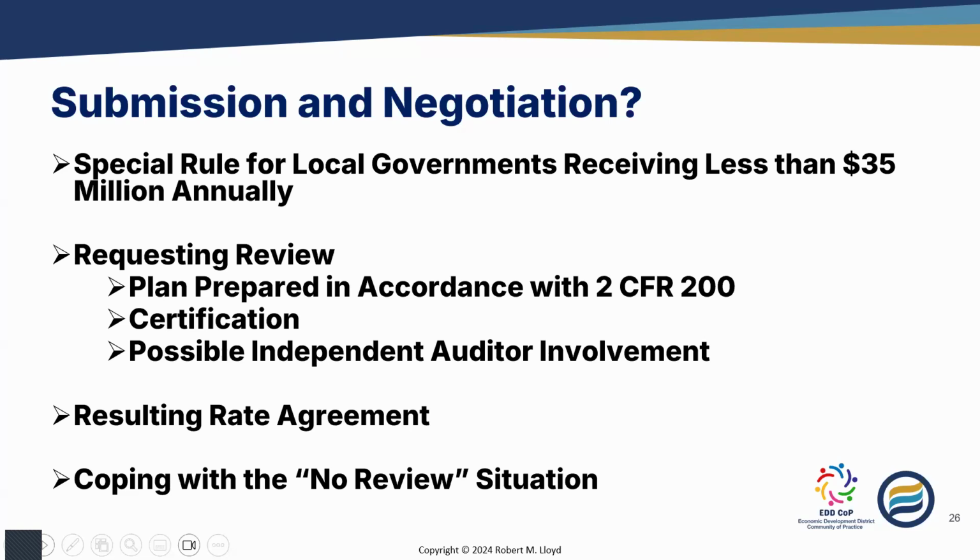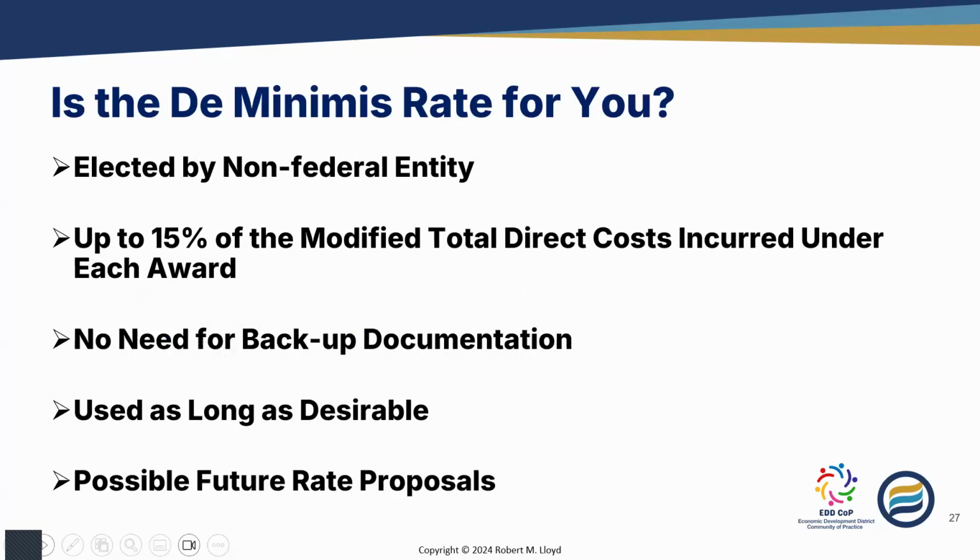And so coping with the fact that they're not required to do a review, but can do so is certainly helpful. Now, moving over to slide 27, while this may not be an attractive situation for many RDOs, it may be the kind of thing that you need to be familiar with in order to assist your member governments, particularly those that don't receive a lot of federal funds, but would like to be able to recover any indirect costs that they generate.